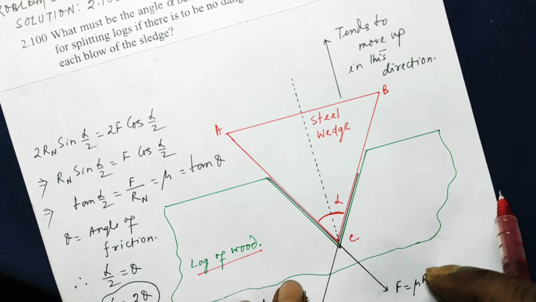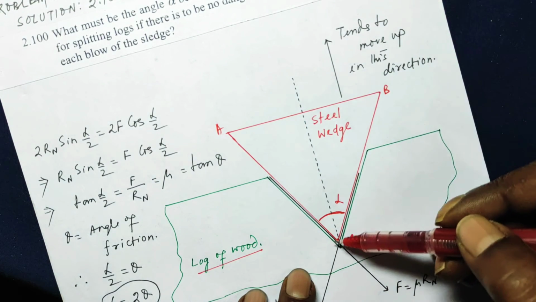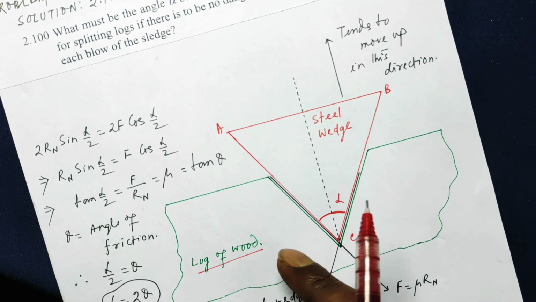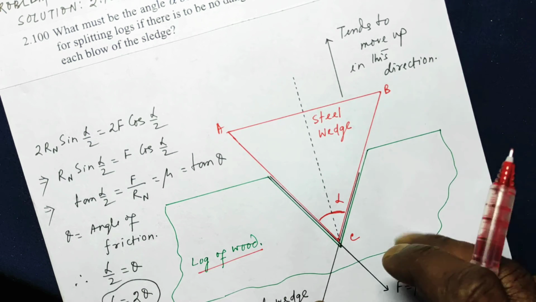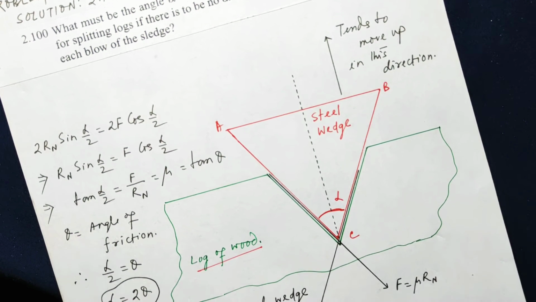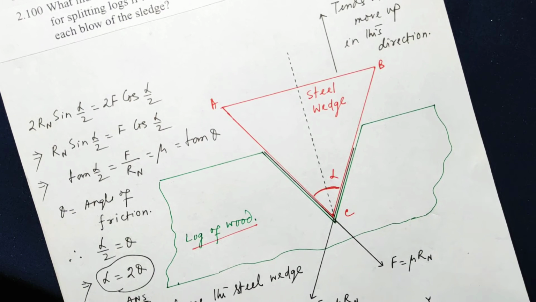So the two plane faces, that is AC and BC, which are in contact with the log of wood, will have a force of friction. And what will be the direction of the force of friction?